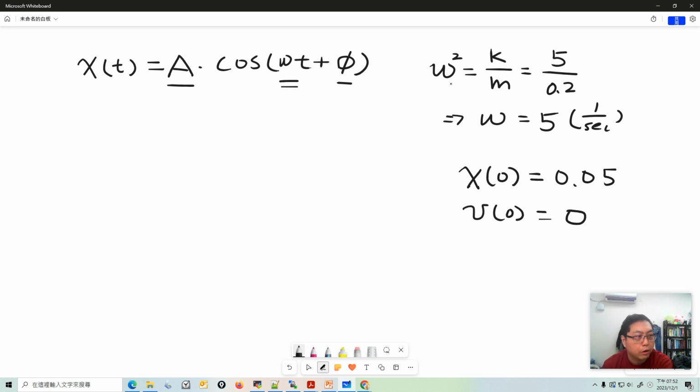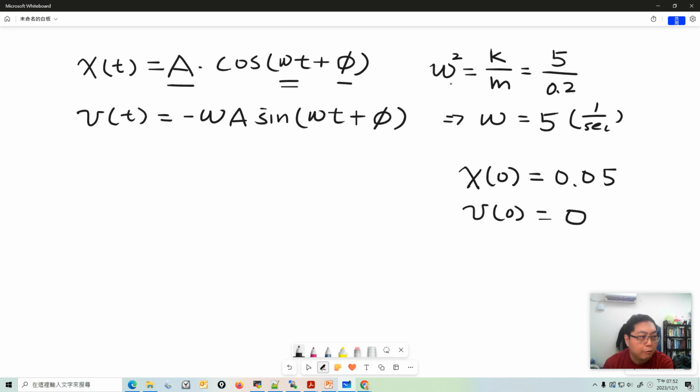We have a position function, but the initial condition includes the velocity, so we also need the velocity function. The velocity function is just the derivative of the position function, so it's very easy. We got these two, so we put the initial conditions into these two functions to get the amplitude and phase constant. x0 is equal to 0.05.